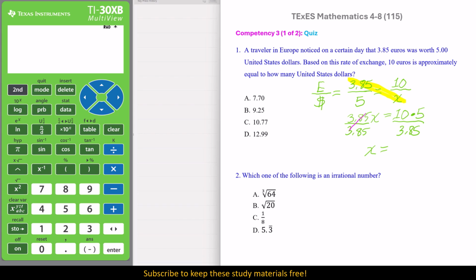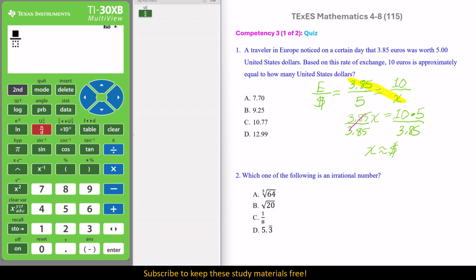Okay. And it's going to be an approximation, right? And we can tell that from our ABCD options. And it will also be a dollar amount. So let's see what we get here. Let's set up our fraction and say 10 times the 5 and then 3.85.